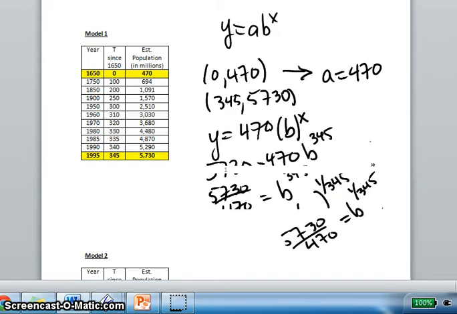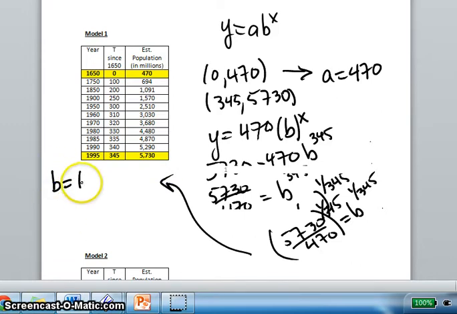Now, solving for this, in your calculator, you would have to, oops, sorry, I forgot to do this. It looks like my screen's messing up. Taking this fraction and raising it to the 1 over 345th power will give you a b value of approximately 1.00727.